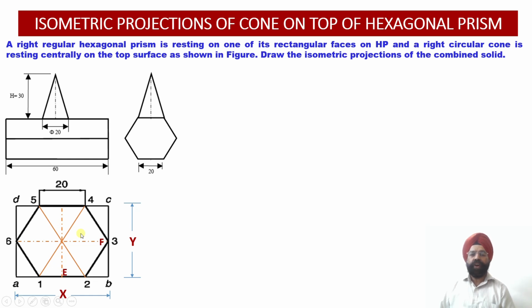So we have a hexagon in which the edges 2, 3, 3, 4, 5, 6 and 6, 1 are the non-isometric lines. Whereas in this hexagon there are only 2 edges, 1, 2 and 4, 5, which will be lying along the isometric line. So what we have to do is inscribe this hexagon that we have drawn as a geometric figure into a rectangular figure.